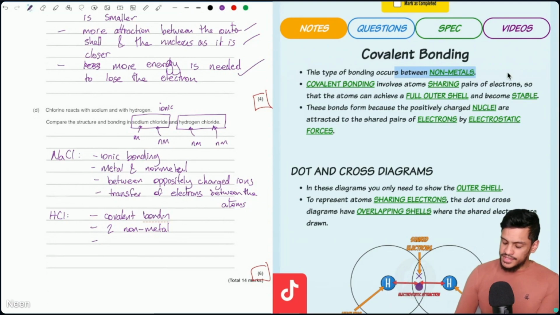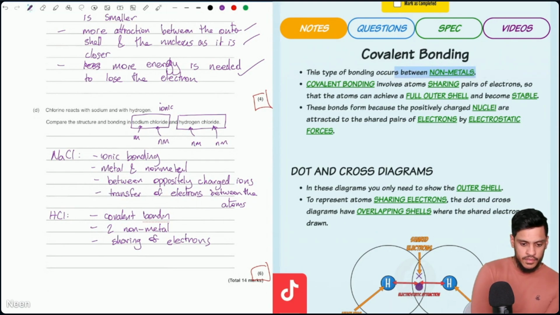That's because there's a sharing of electrons. That's another thing you say. There's quite a lot of things you can say to get marks here. Anyone got anything else we can say? Differences between ionic and covalent.